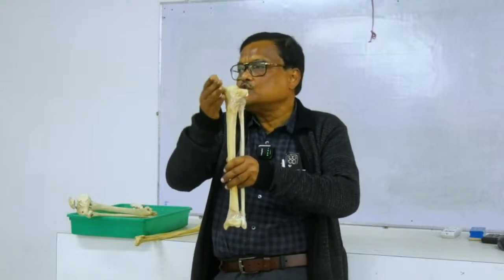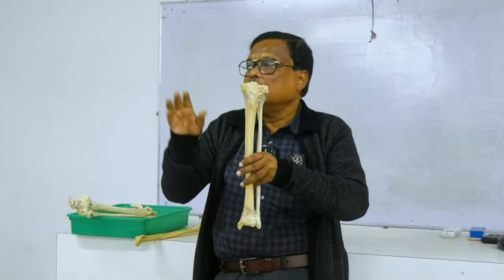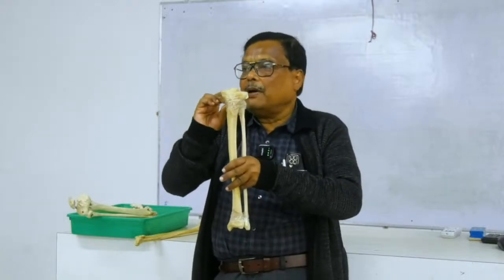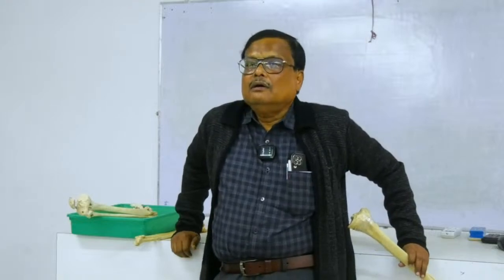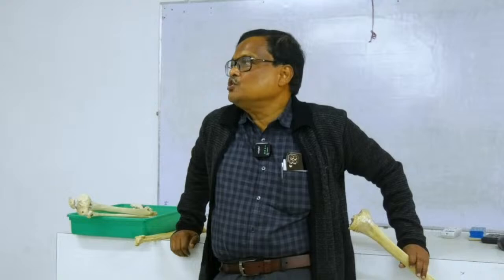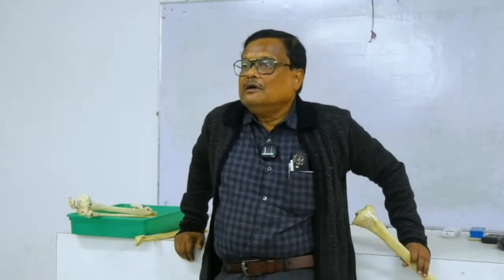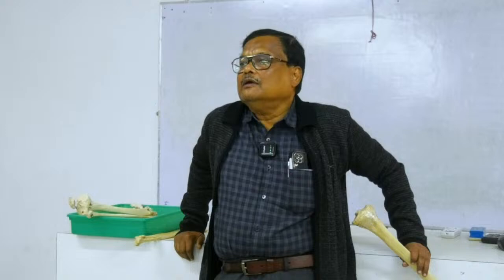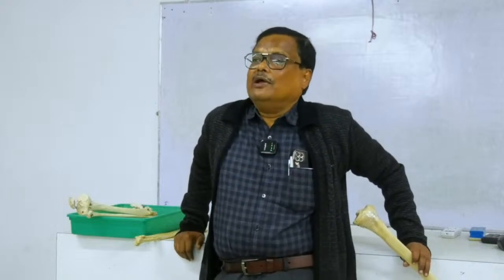Ultimately the epiphysis will join with the diaphysis before joining by a joint. What type of joint? A cartilaginous joint, because in between there is cartilage. But what type of cartilage, primary or secondary? Primary, because it will ultimately ossify.